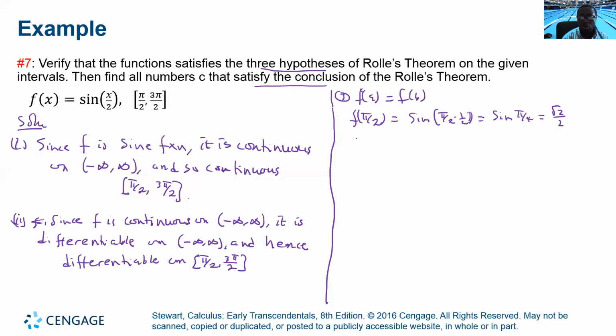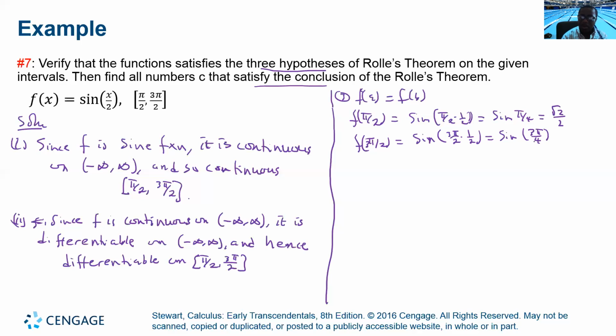And then also, f of 3 pi by 2 gives sine of x over 2. So that is sine 3 pi over 2 times 1 over 2, which is sine 3 pi by 4.